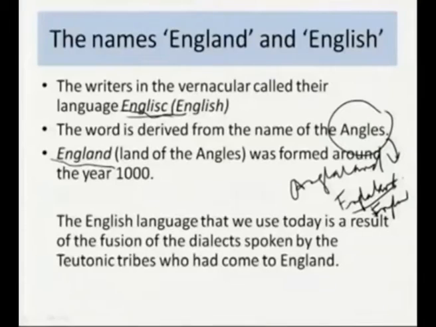The English language that we use today is a result of, this is an important word, fusion, of the dialects spoken by these Teutonic tribes who had come to England. So, it's a fusion of several dialects which we are going to look at.